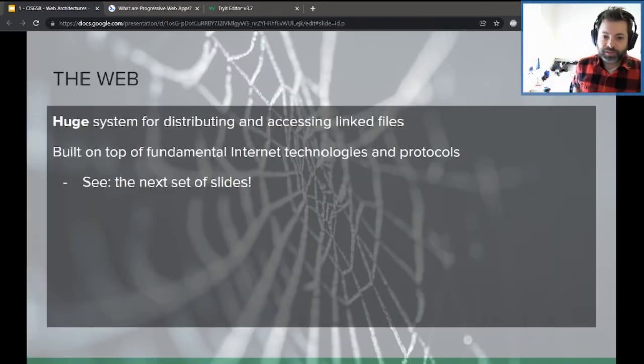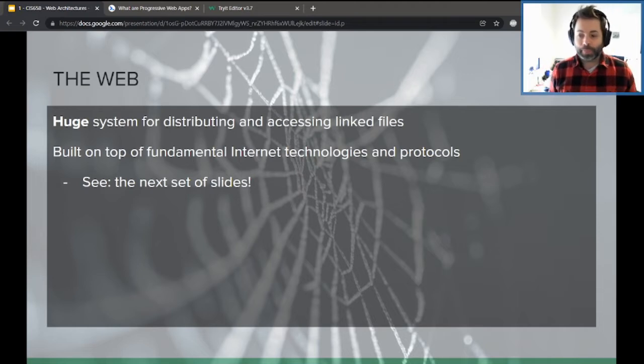The web in and of itself is this massive distributed system. If you were to consider that in terms of distributed system scale, this would be ultra large scale, I think is the current term for it. Basically, it is this massive infrastructure for accessing linked resources and linked files.